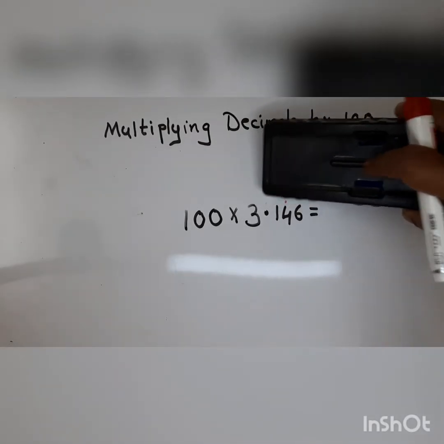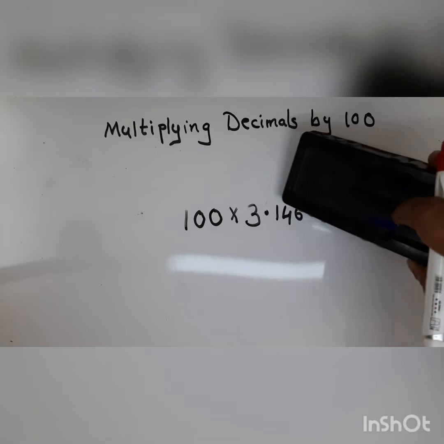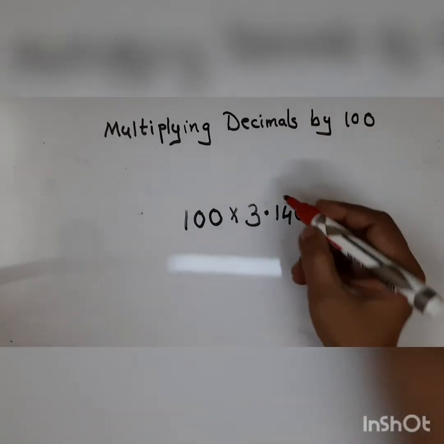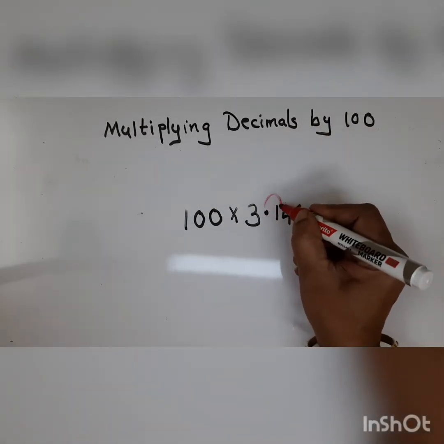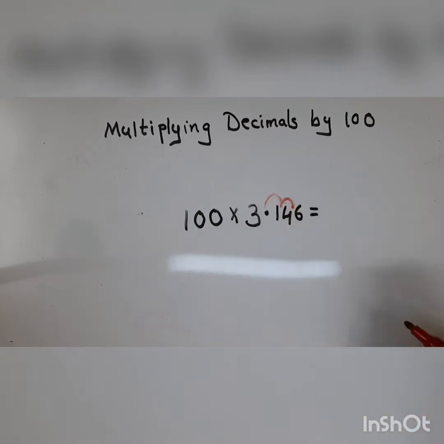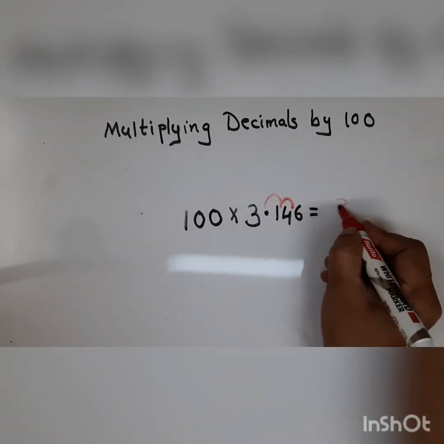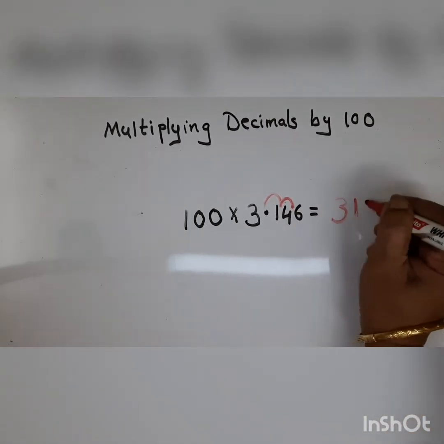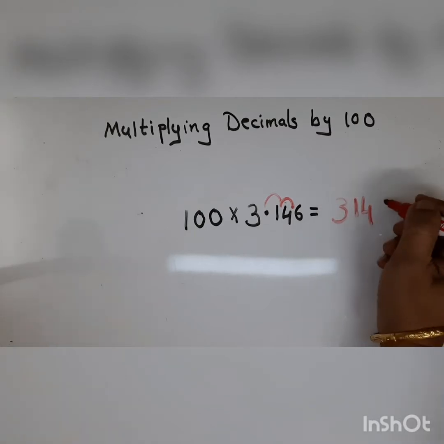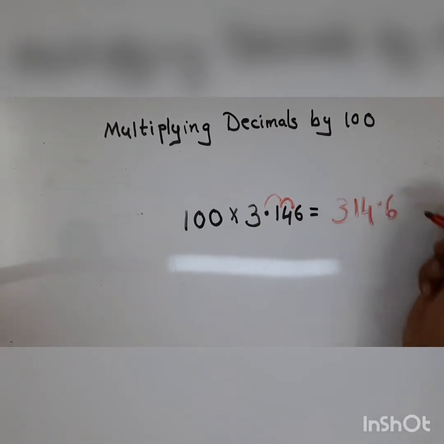Let me just make it clear. This decimal I have to shift here one place and then 2 places. So my answer will be what? 314.6. Got it? What's my answer, children?